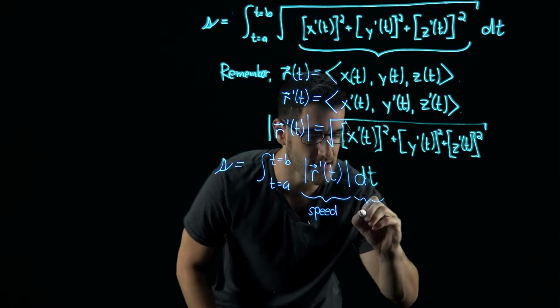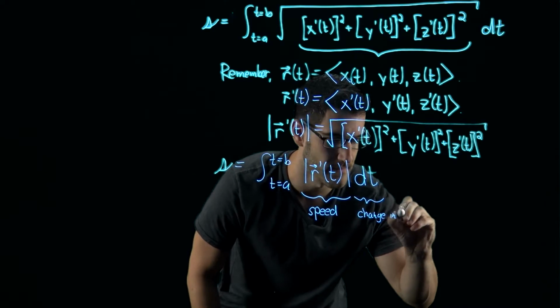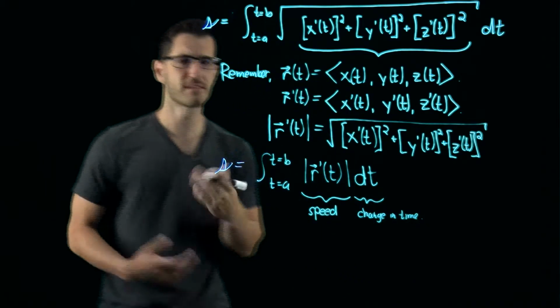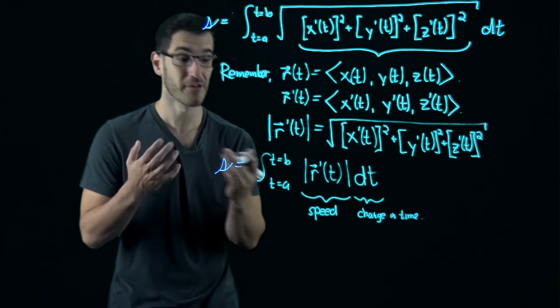This thing here is a small change in time. So what's speed times a little bit of time? It's a little distance.